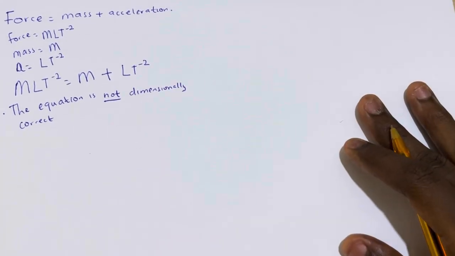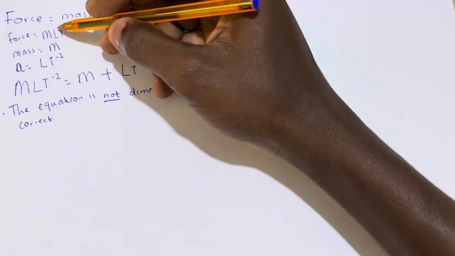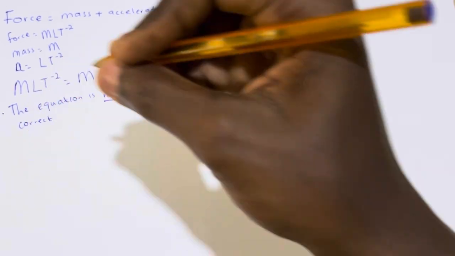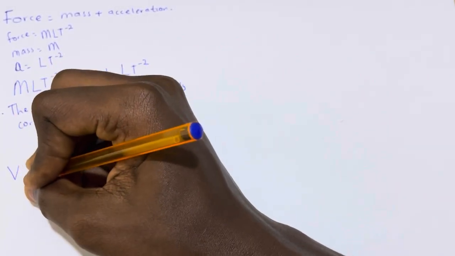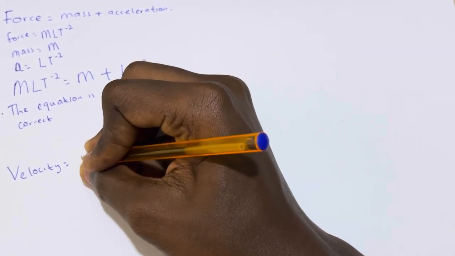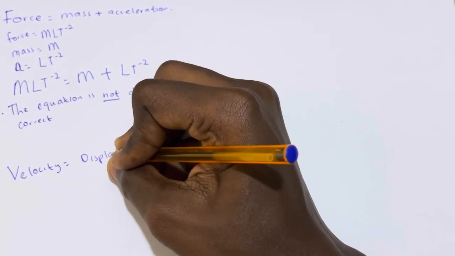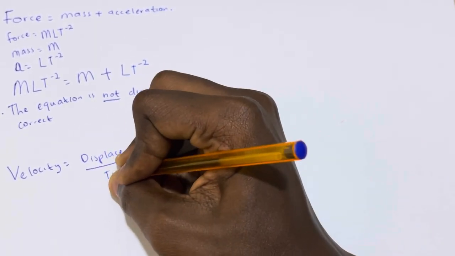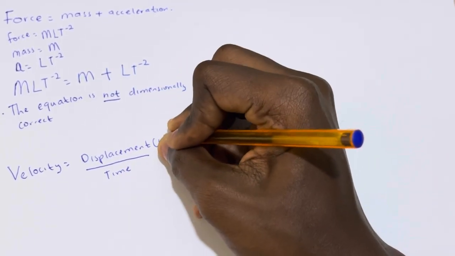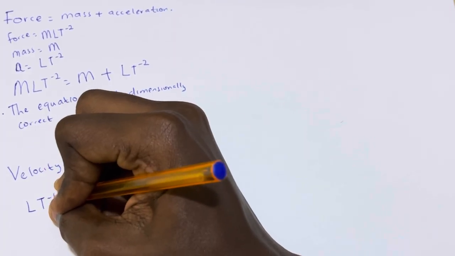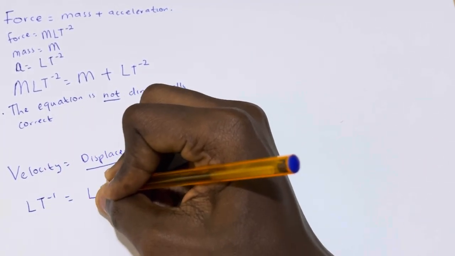But first, what is the dimensional analysis for velocity? Someone may ask, why do you get L T^-2 for the acceleration? Dimensional analysis for velocity is what we solved first. Velocity equals the change in displacement per time. And here displacement is L, time is T. Therefore velocity is L T^-1.